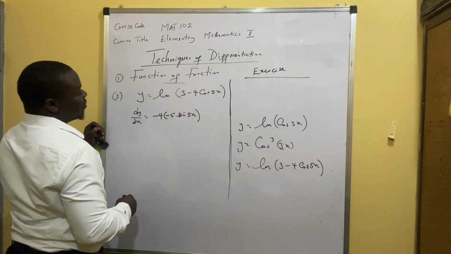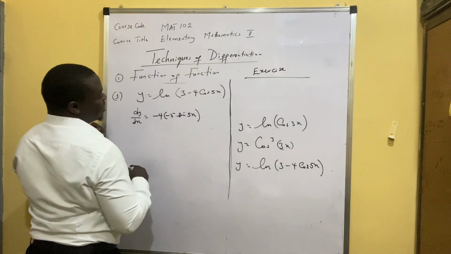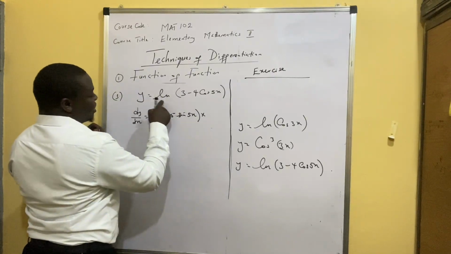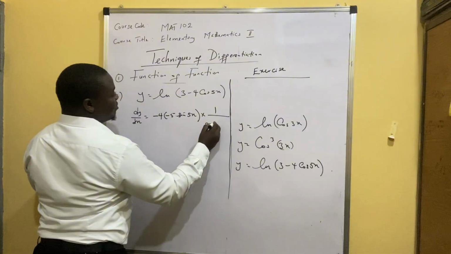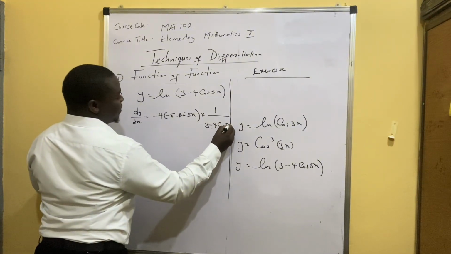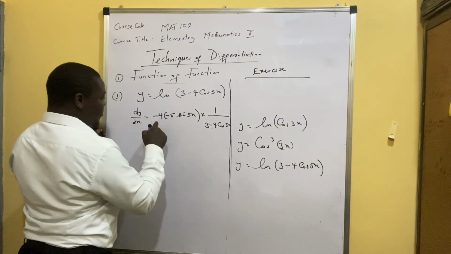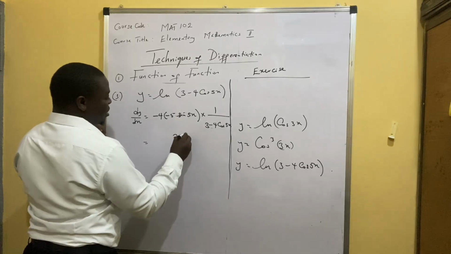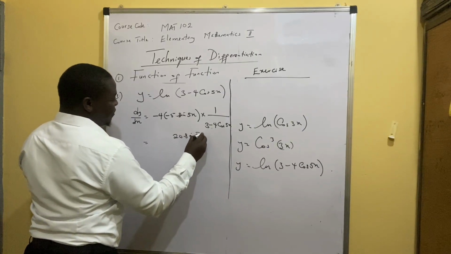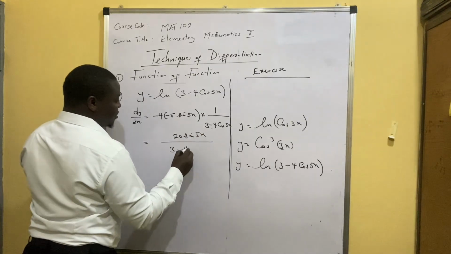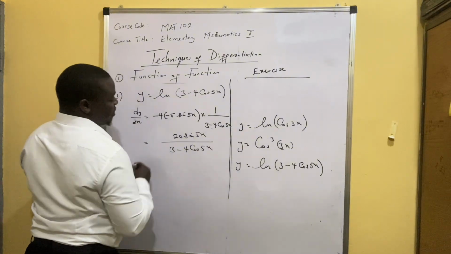Okay, so that is the result of the derivative of this. Now multiply by the derivative of ln, that will be 1 over 3 minus 4 cos 5x. Okay, so here we now have minus 4 times minus 5, that is 20 sine 5x divided by 3 minus 4 cos 5x. Okay.